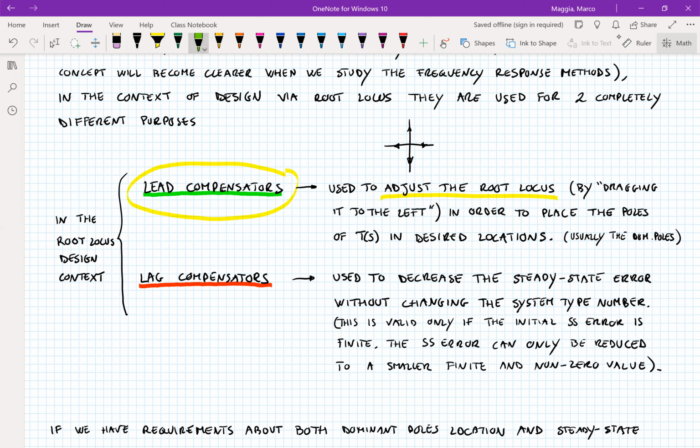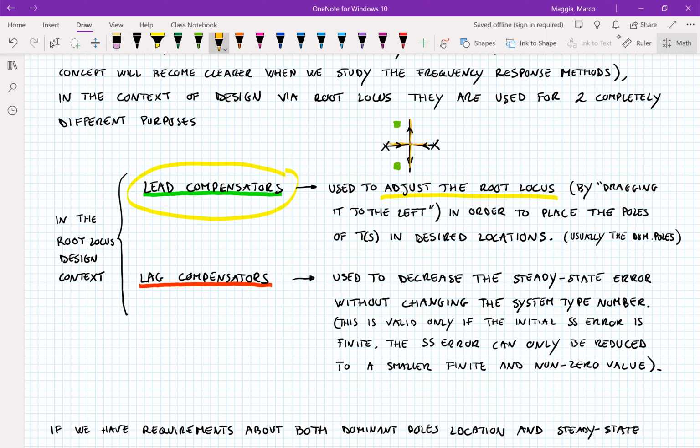And somehow we want it to pass through some locations. And there's nothing that we can do, because even if we change the value of k, we can only stay on the root locus.